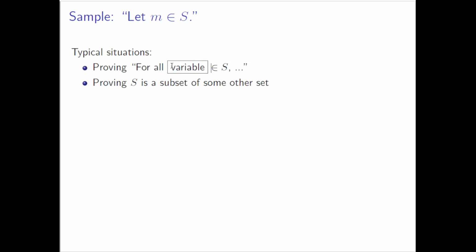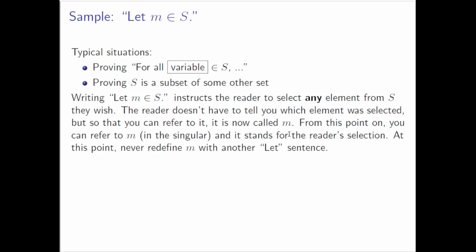It could be "for all q in S", or "for all t in S", and you might have just said, oh, I like m, so I'm going to use m here. That's fine. Also, if you're proving that S is a subset of another set, it's typical to have this kind of thing. It's going to be required for a subset proof.